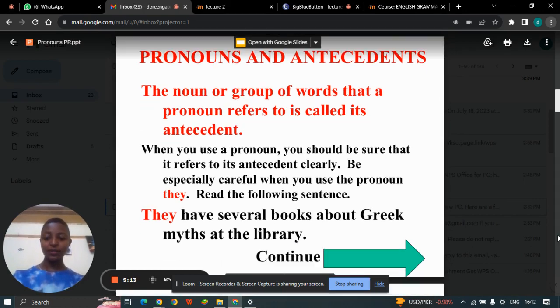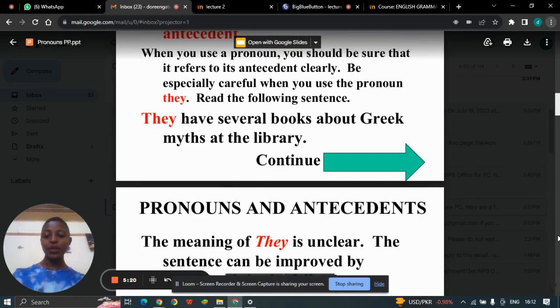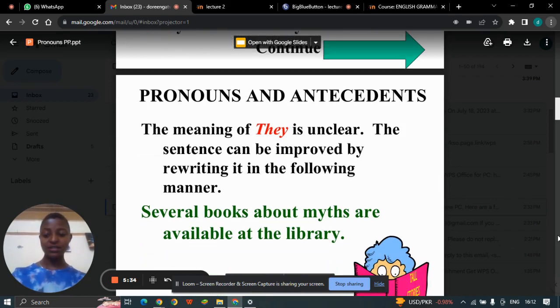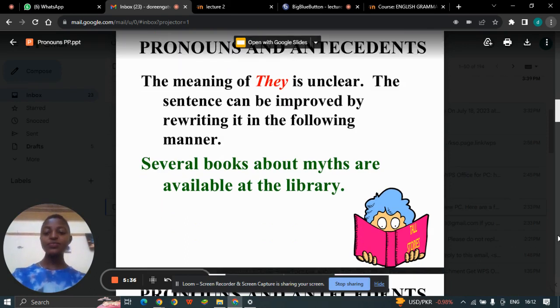For example, we have several books about Greek myths in the library. In this case, the meaning of they is unclear. The sentence can be improved by rewriting it as follows: Several books about myths are available at the library.